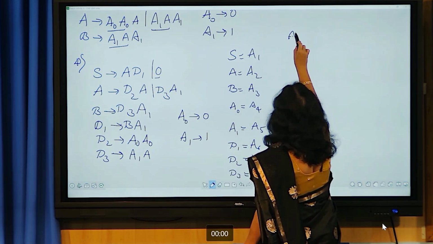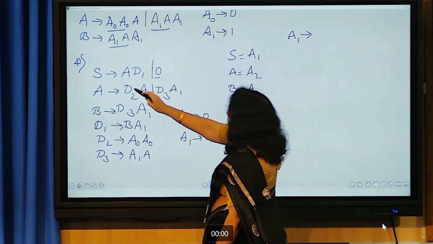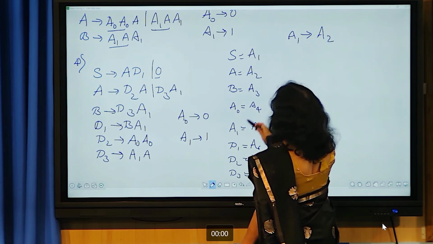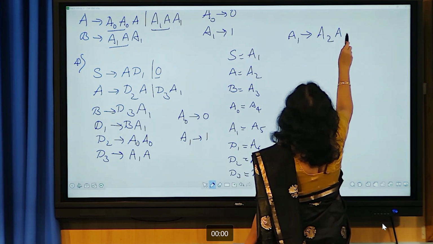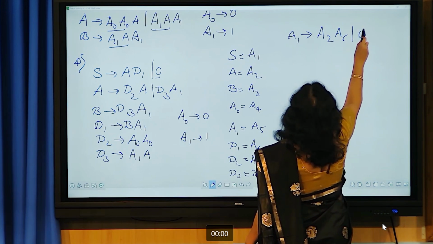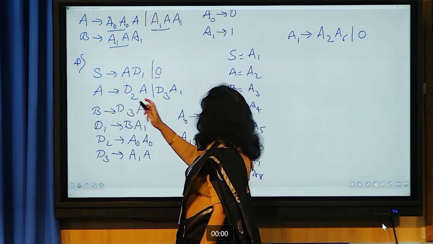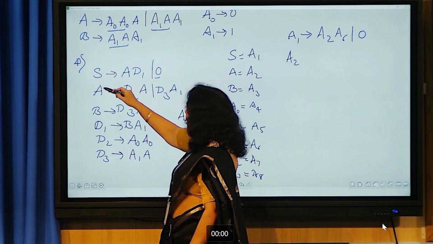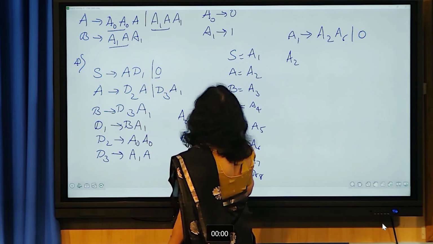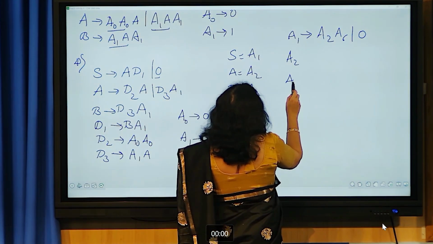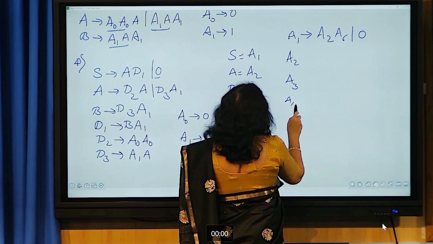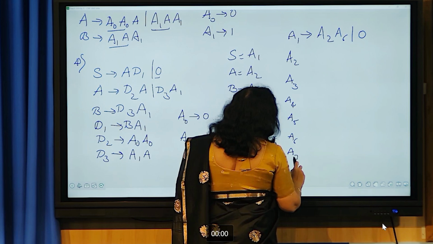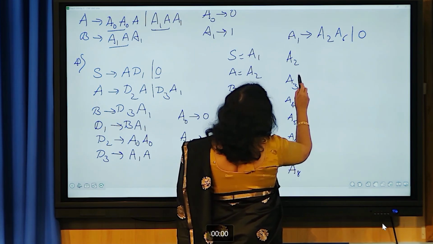So A1 produces A2 A6 or 0. On the left-hand side, S, A, B, A0, A1, D1, D2, D3 would be A1, A2, A3, A4, A5, A6, A7, A8.